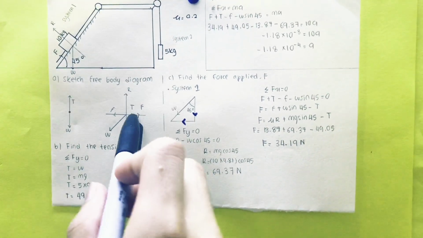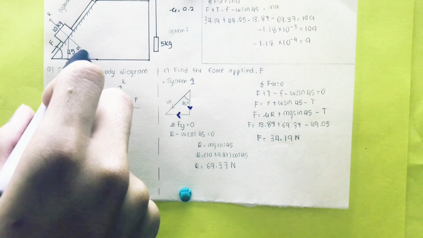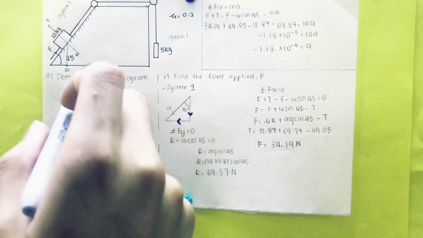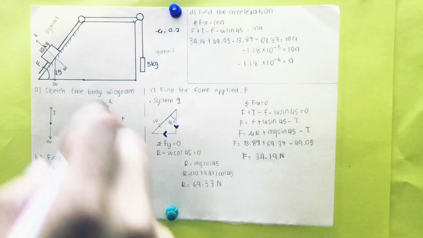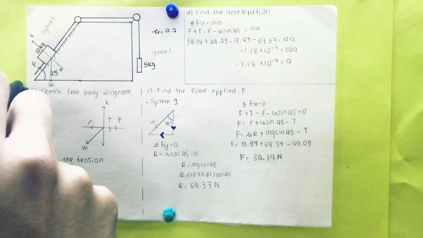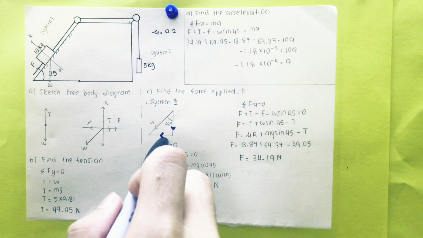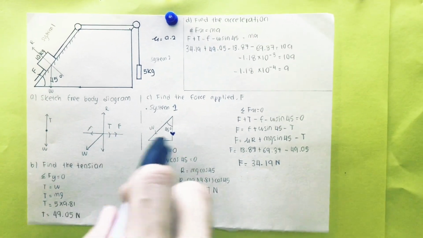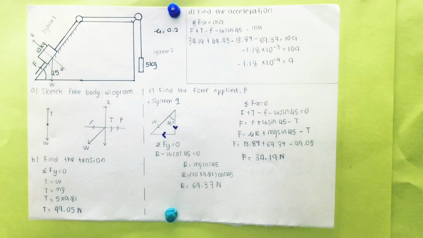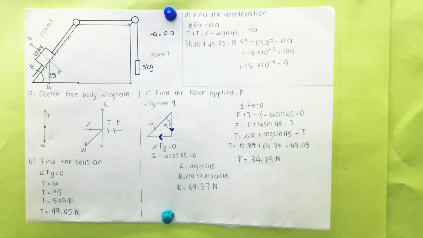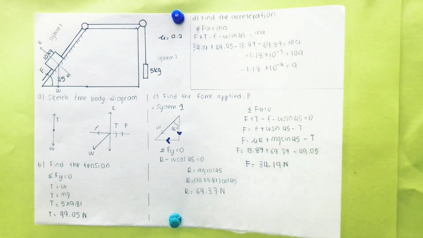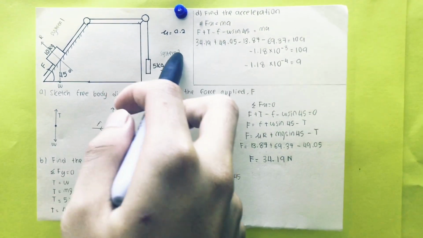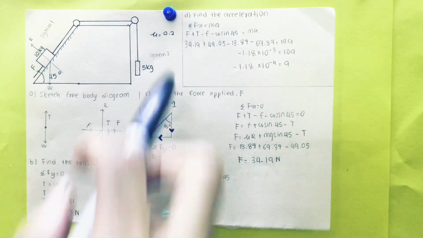The reaction force is up and the weight is downward. The applied force is to the right, along with tension, and to the left is friction because it's on a rough surface, and the friction given is 0.2.